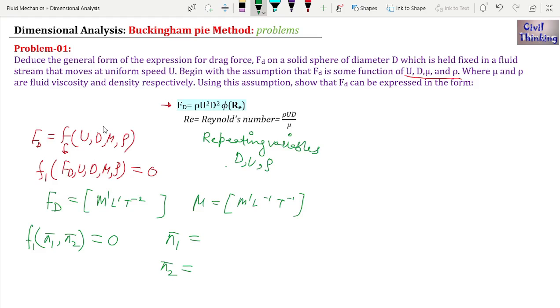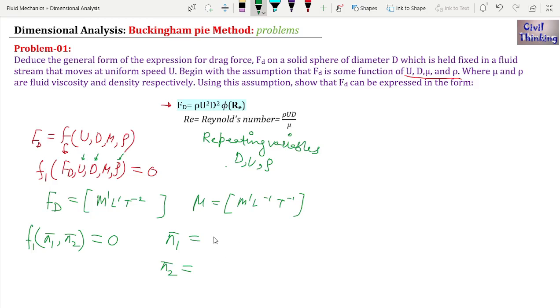Then we are left with the non-repeating variables, which are the drag force itself and the viscosity.